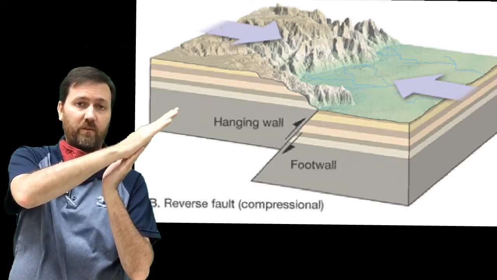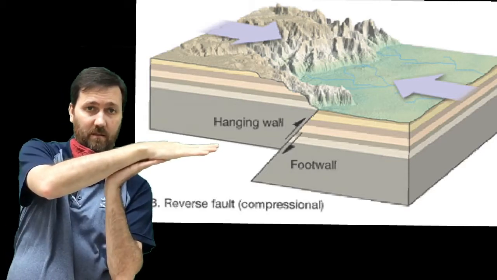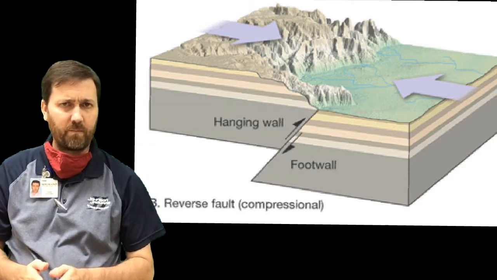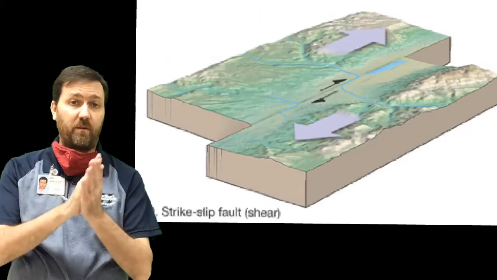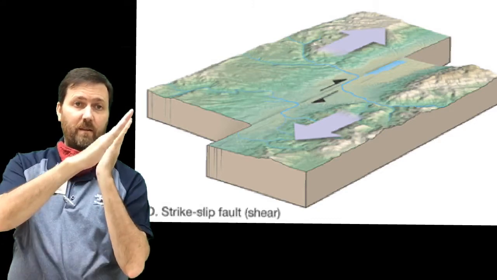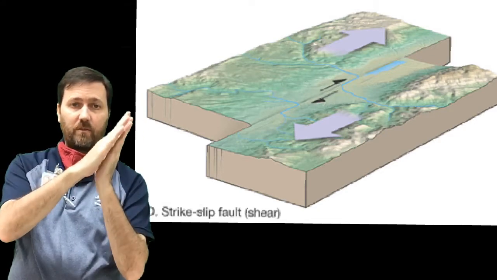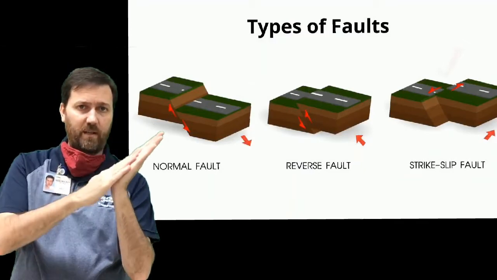That's a reverse fault. And a thrust fault leans over really far, and it's an extreme version of a reverse fault. And then there's the strike-slip fault, which if they're like this and it fractures this way, they slide this direction. So normal fault, one part of the earth moves away and falls down.